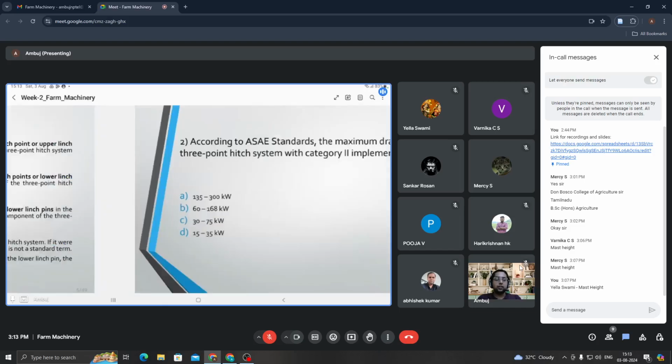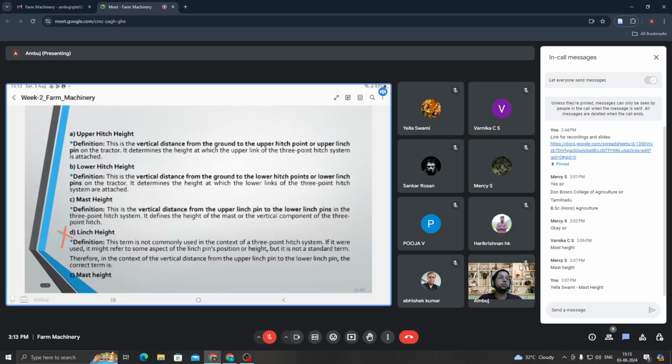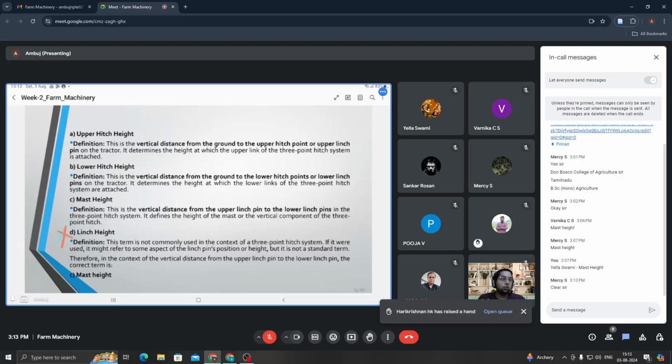Is this question clear? Clear, not clear? Any doubt? Then please do ask me. If it is clear, then please tell me and I'll move forward. Clear? Yes, Hari Krishnan wants to answer something.